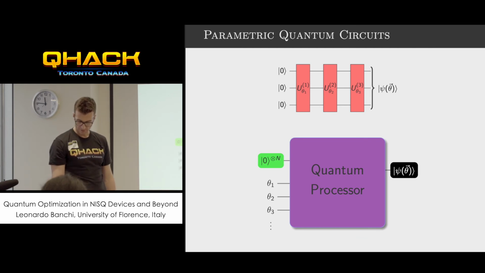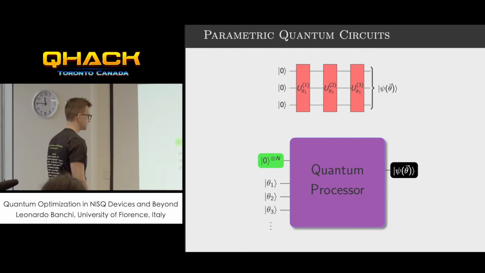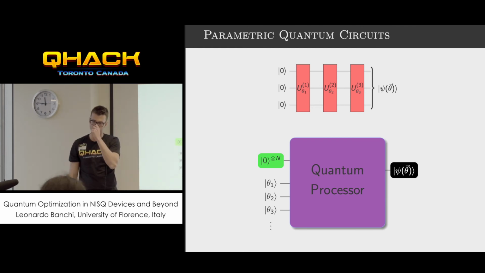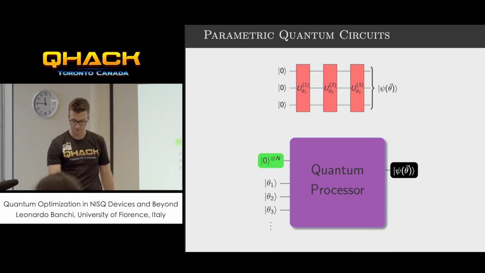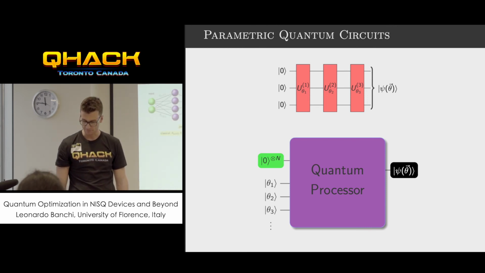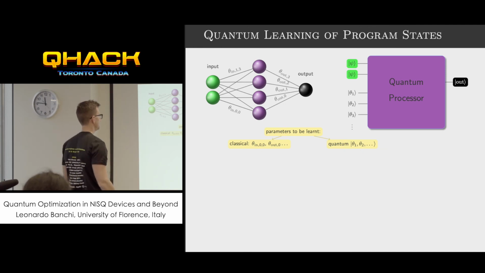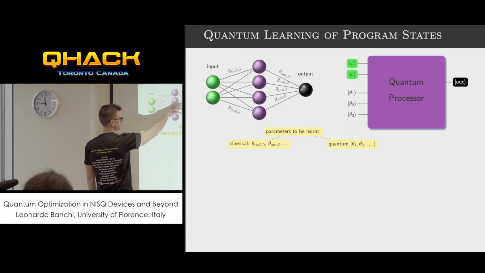And then the idea is that maybe we can also make these parameters described by quantum states. Again, it's similar to neural networks.